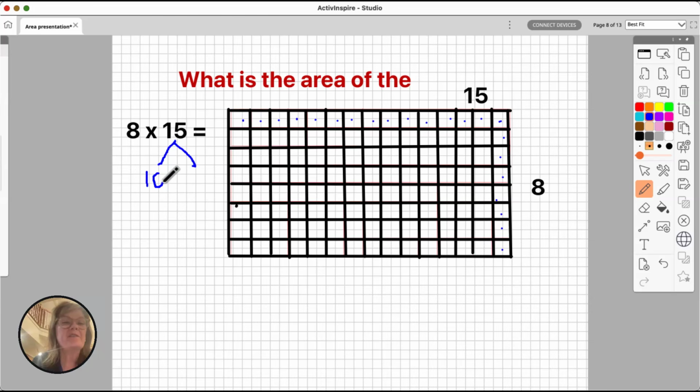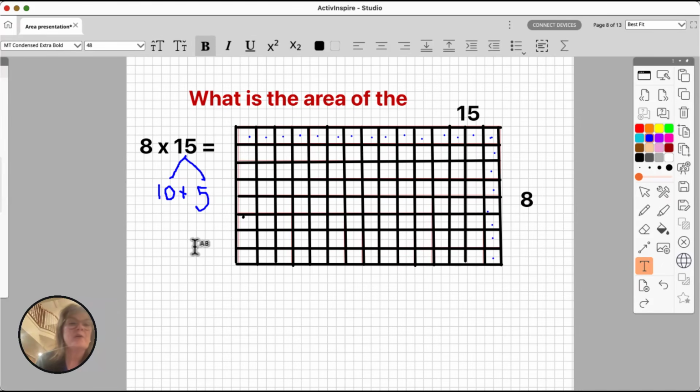So we could break the 15 down into 10 and 5 because we know that 10 plus 5 equals 15. So we could think about, well, what is 8 times 10? 8 times 10 equals 80, right?